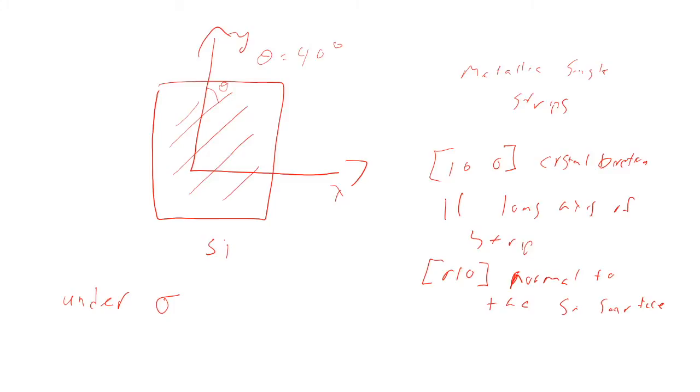So the strain has to be less than or equal to 0.1% normal, which means epsilon xx or epsilon yy, and epsilon yz has to be less than 0.01%. Right? And then I give a stress tensor.